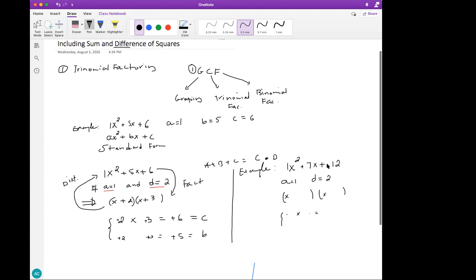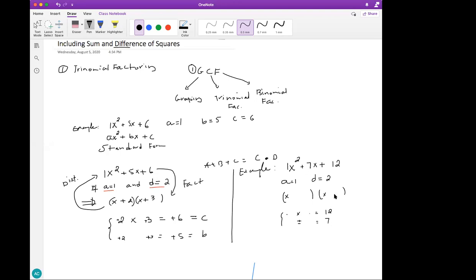C. What's C here? 12. Same numbers. Add or subtract to what number? Just like this problem. The same number. For this trinomial, the numbers should add to 7. Right.